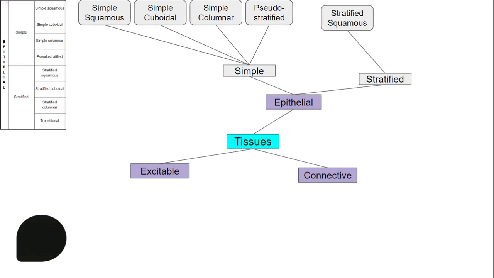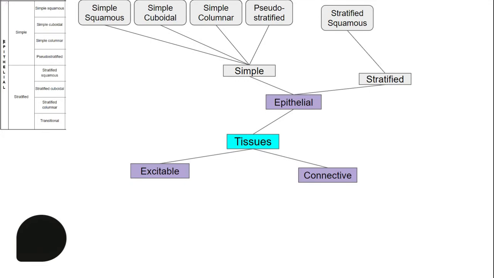Some similar words, right? We have stratified because it's multi-layered and squamous because it's flat or scale-shaped. And remember, stratified epithelial tissue get their name from what this top cell layer looks like. So stratified squamous, you might see lots of different layers, and the bottom might look maybe like cuboidal shaped, but the layers across the top are going to be squamous.